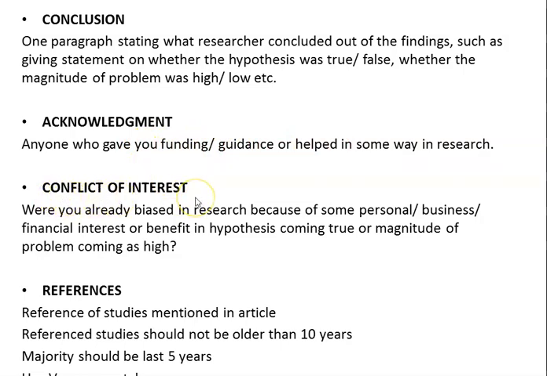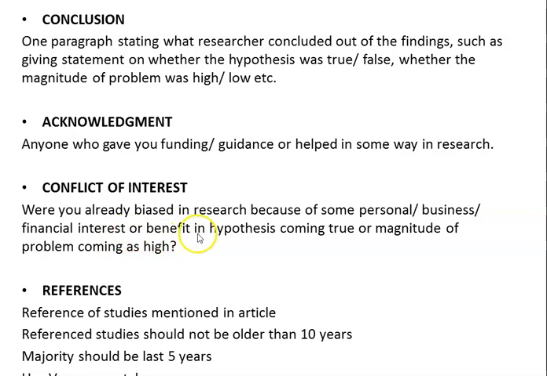Then you write your conflicts of interest. Basically it's a statement which declares whether you had any conflicts of interest or not. By conflict of interest, we mean that were you already biased in your research because of some personal or business or financial interest in the topic of study?